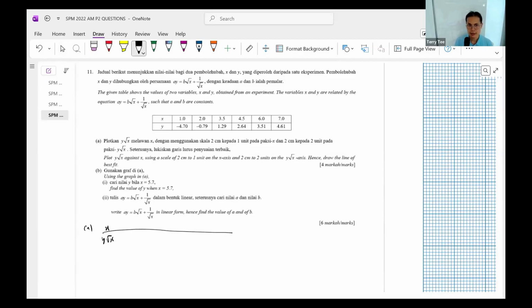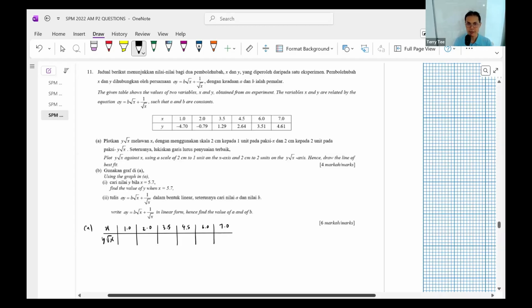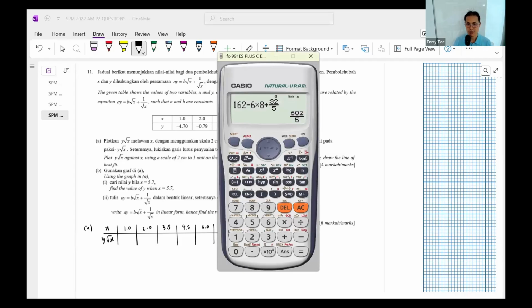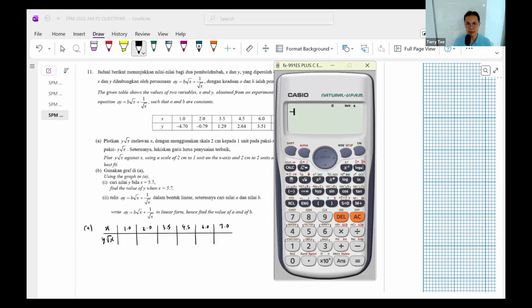Okay, draw a line. So we start with x equals 1.0, 2.0, 3.5, 4.5, 6.0, 7.0. Okay, your y square root x, right? Let me key in my calculator. Notice there's a negative value, negative 4.7, square root 1.